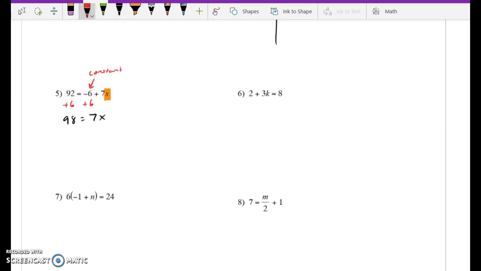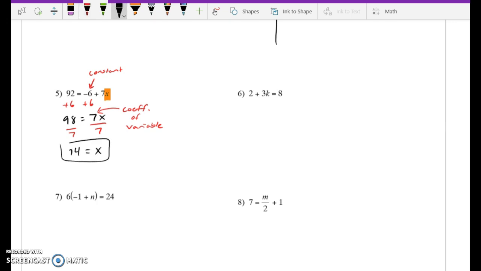And then last step will be to divide by the coefficient of x. What is the coefficient of our variable? And that leaves me with x equals 14.